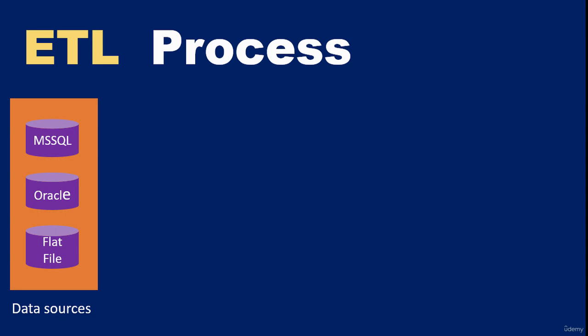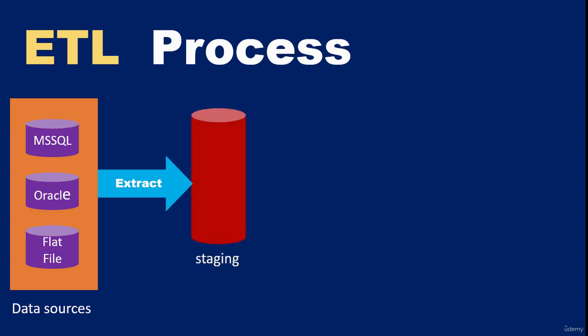Now, once you've extracted the data, you also need to put it in a staging area. The staging area is going to be the holding place for the data extracted from different sources. Once the data goes into the staging area, the next phase is the transformation.